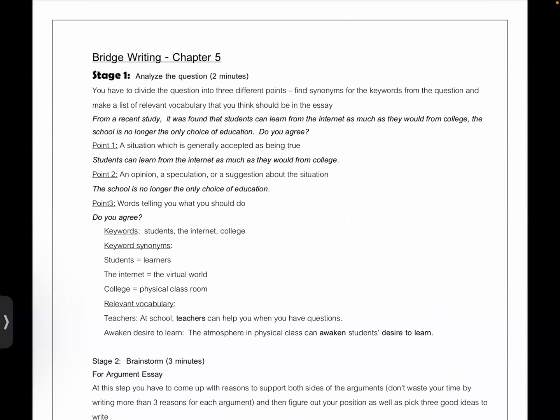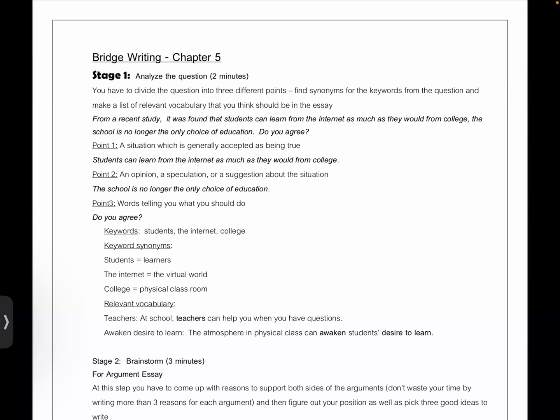So let's read the question. From a recent study, it was found that students can learn from the internet as much as they would from college. The school is no longer the only choice of education. Do you agree?